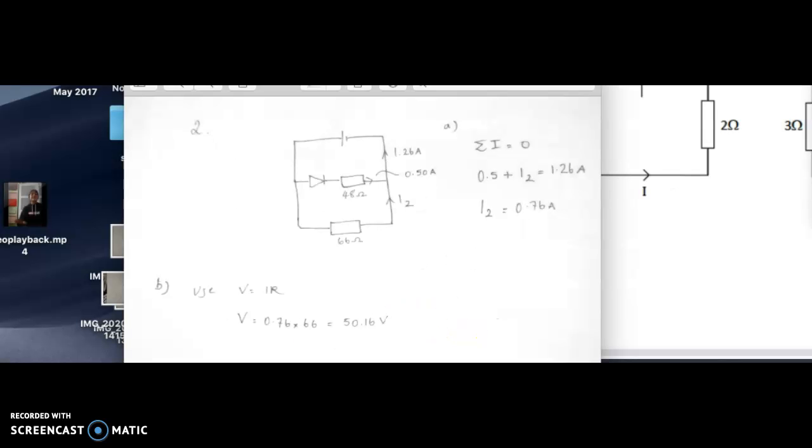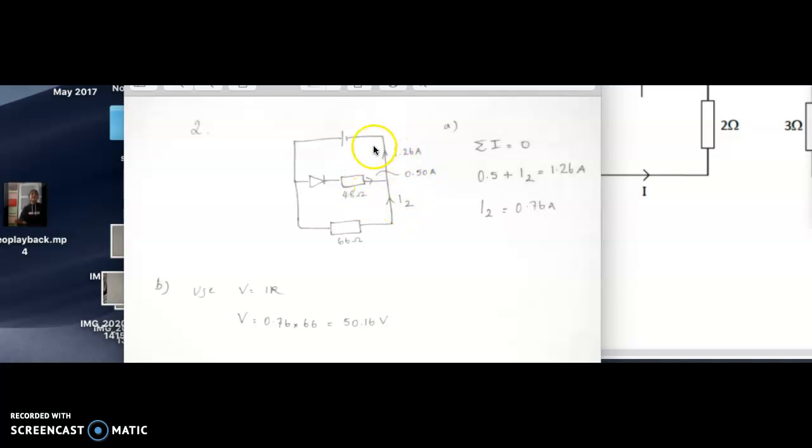Question 3 asks us to start using Kirchhoff's first law. Summation of currents at a junction is equal to 0. You can see that the current is drawn in the picture. So we need to build an equation for this junction.